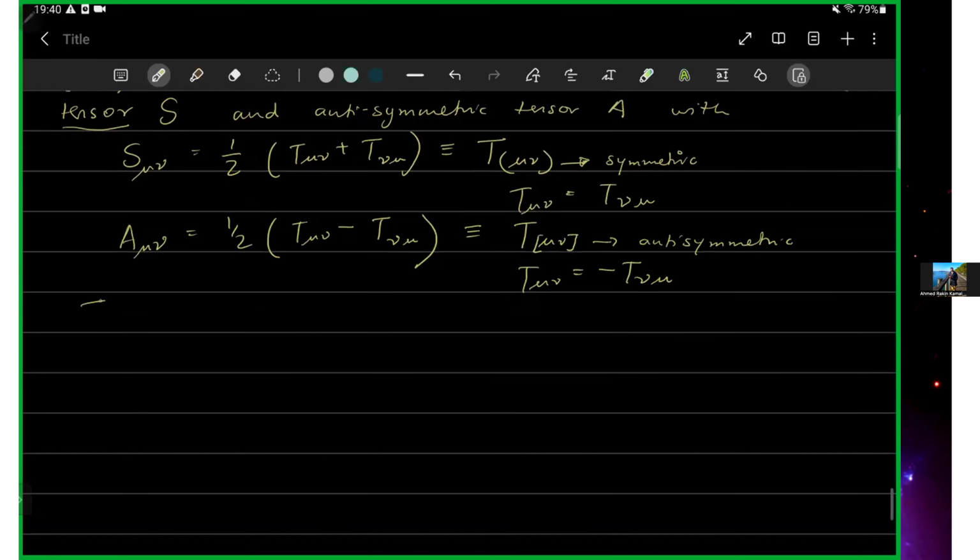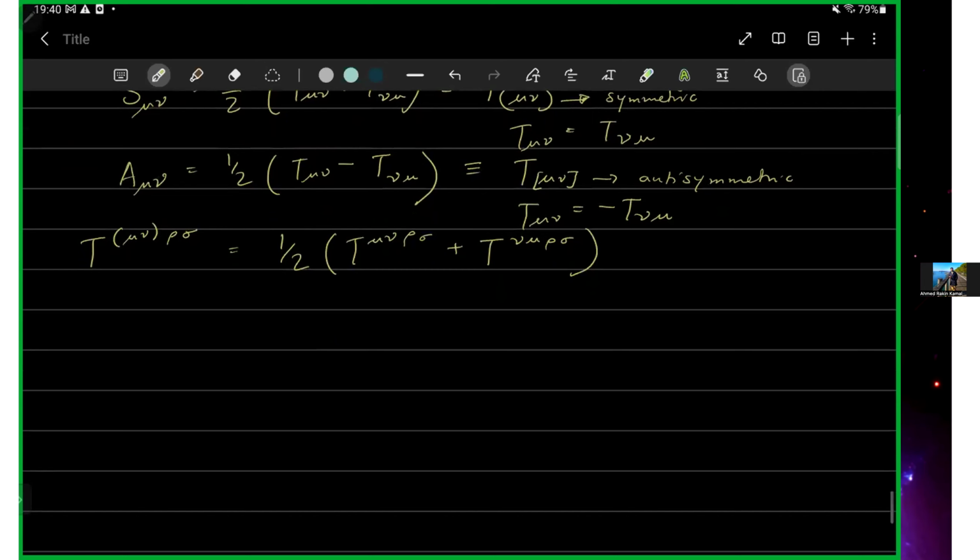For example, if you have something like this, and with this bracket I mean that I would have symmetry over mu nu, which I can write in the symmetric components as T mu nu rho sigma plus T nu mu rho sigma, as follows.